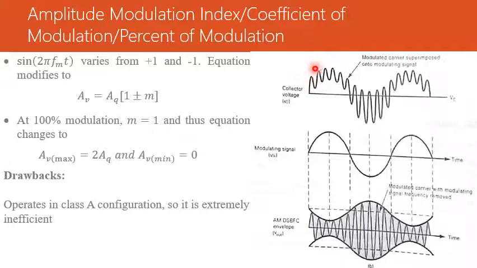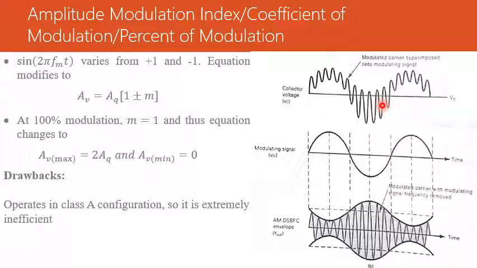So the collector waveform includes the carrier and the upper and lower sideband frequencies as well as the component at the modulating signal frequency. So the coupling capacitor C2 at the output of the transistor removes the modulating signal frequency from this AM waveform, thus producing a symmetrical AM envelope at the load resistor.